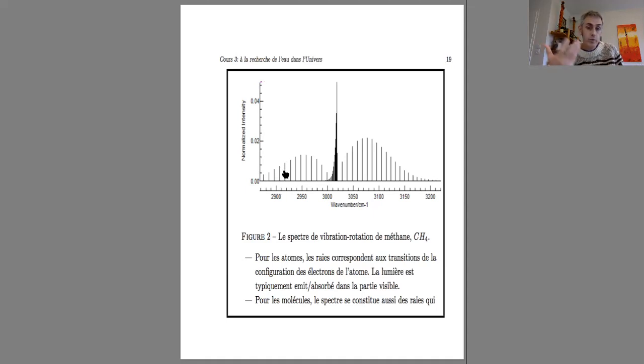You also have absorption spectra that consist of these narrow wavelength ranges along which the light is absorbed. But here's our emission spectrum. It consists of regularly interspaced lines, and then a bunch of very closely spaced lines here. This is probably what we call a rotational band.